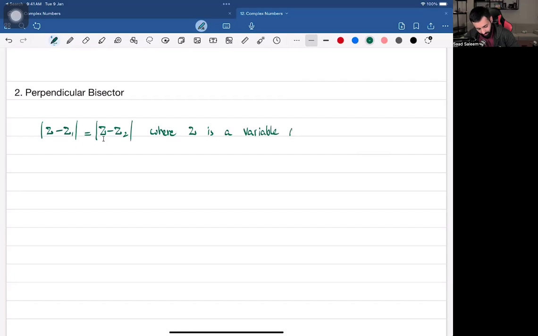Once again, it's a moving point, x + yi. And z1 and z2 are fixed points. You can call them a + bi and p + qi respectively.